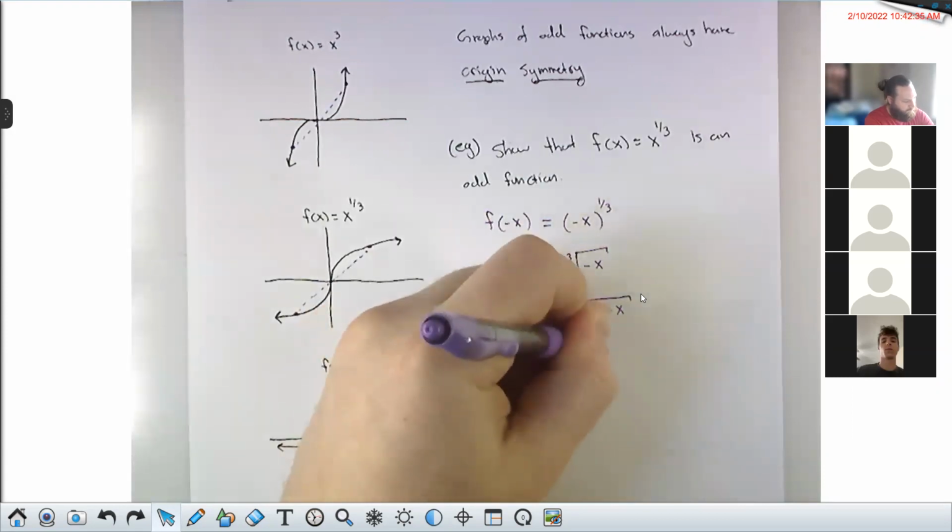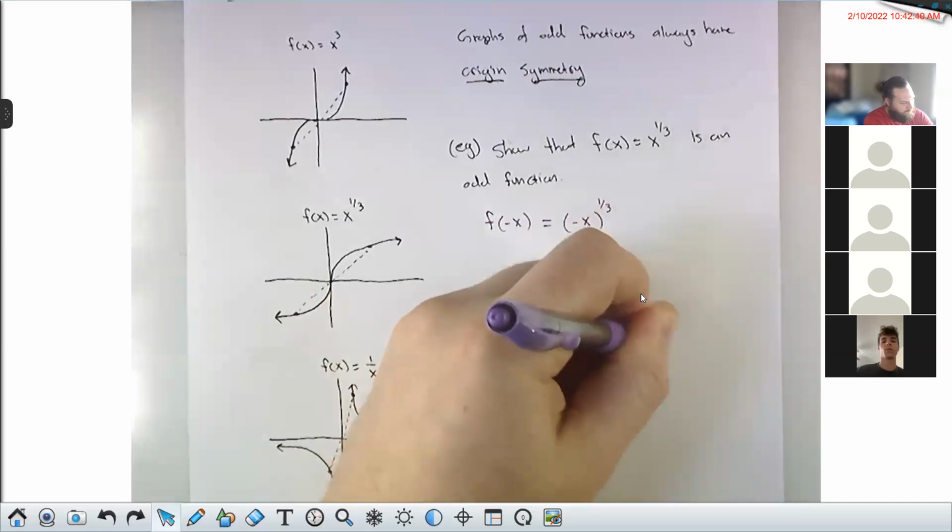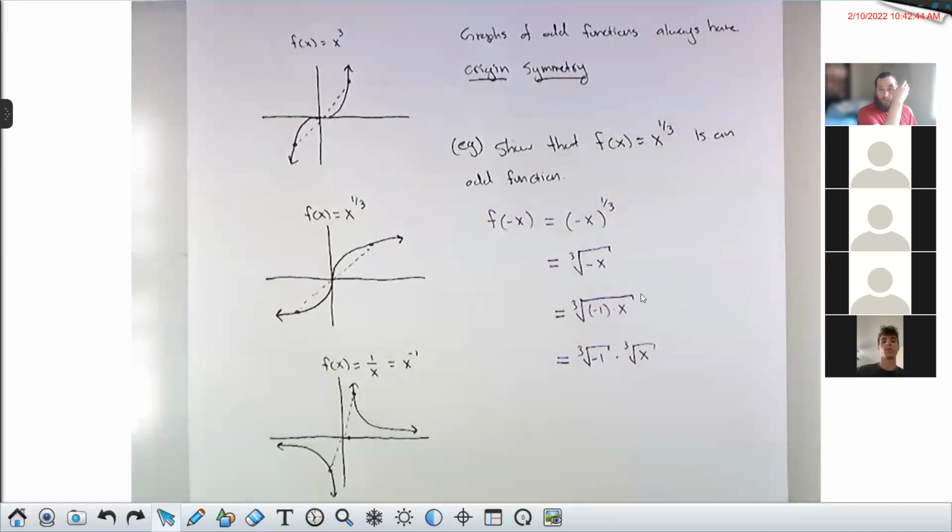This is the cube root of negative 1 times the cube root of x. And then we need to think about the cube root of negative 1 a little bit. You know that when you take square roots of negative numbers, we get into trouble, right? Like the square root of negative 1 is i. It's a complex number. What about the cube root? What is the cube root of negative 1 and why?